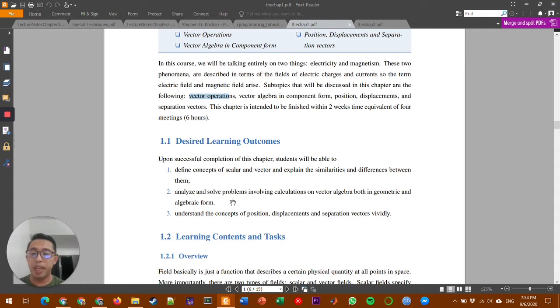Also, you should be able to understand the concepts of positions, displacements, and separation vectors vividly. So it should be clear. And before we can proceed to the next topic, make sure that there would be no issues, misunderstandings, or difficulties with the concepts in this topic, if you are still struggling with them. It should be settled before we can proceed to the next topic.